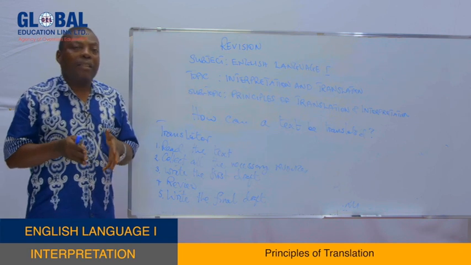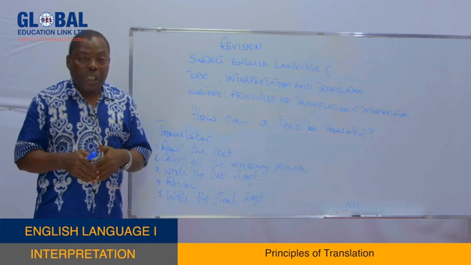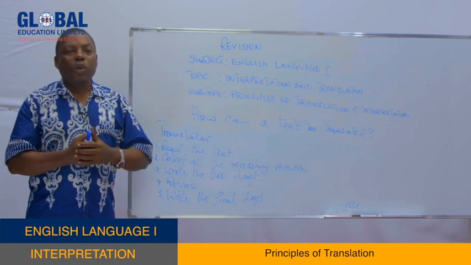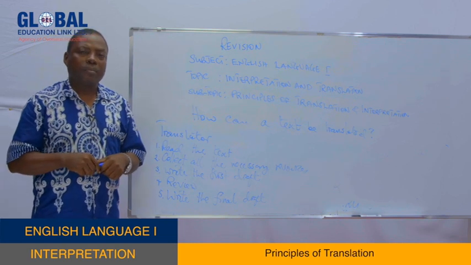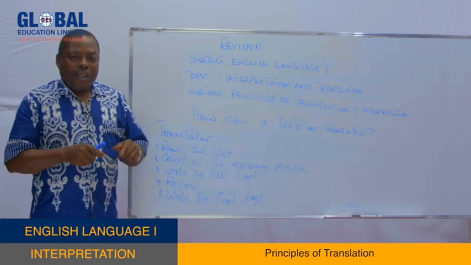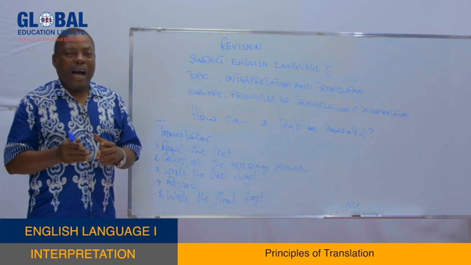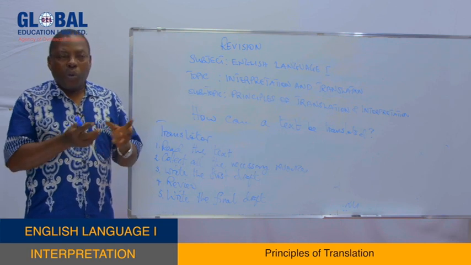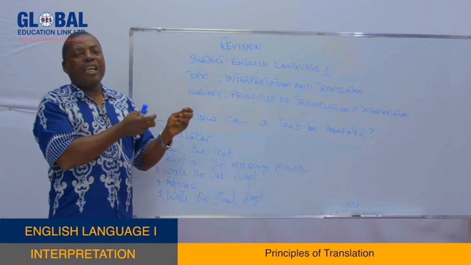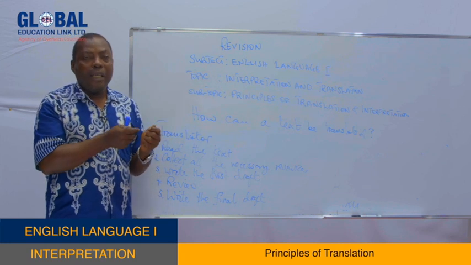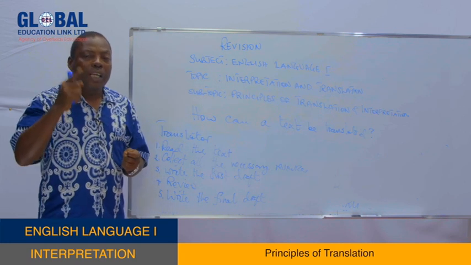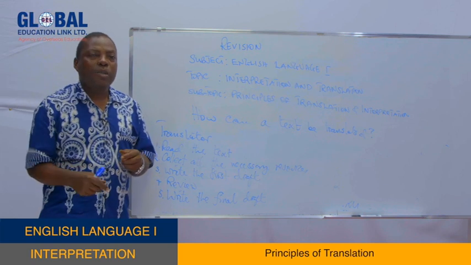So he has to stand or sit next to the source speaker. A speaker will come first, and then the interpreter will try to understand what has been spoken and then transform it to the language which the audience expects to hear.